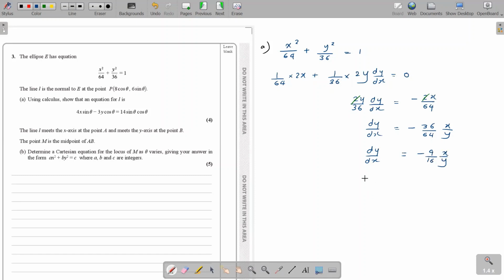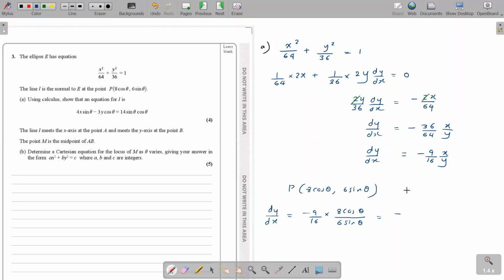And then we need to substitute the point 8 cos theta, 6 sin theta, and get the gradient of the tangent. Minus 9 over 16, x is 8 cos theta divided by 6 sin theta, right? How much is 9 over 16 into 8 over 6?